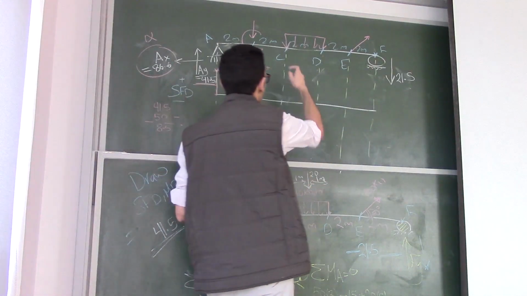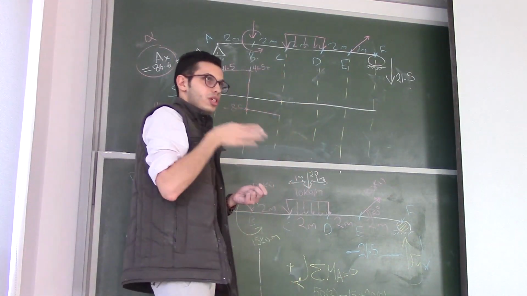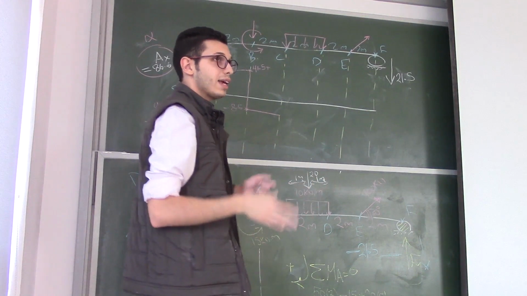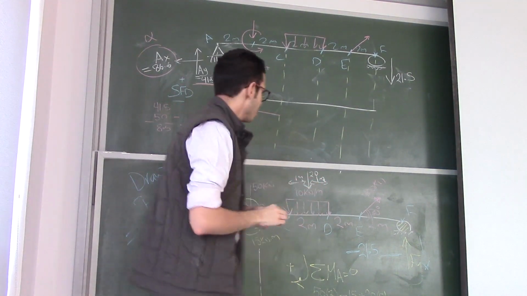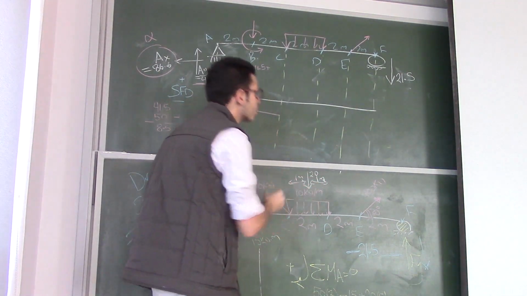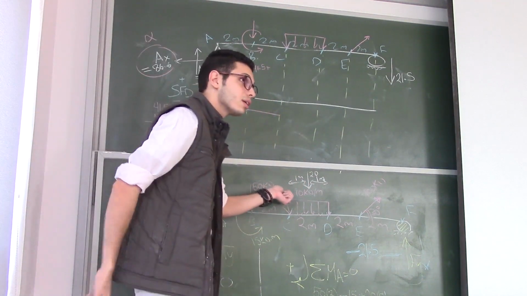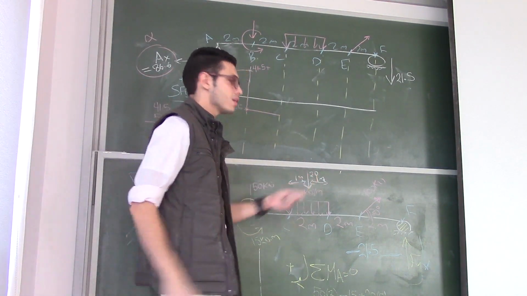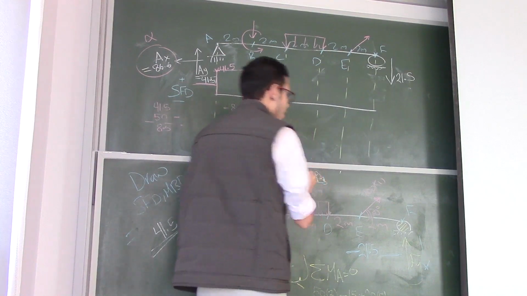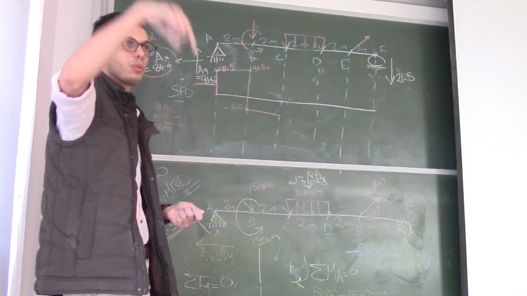Now, when I reach point C, between point C and point D, I get a distributed load, right? And the value for this distributed load is 20. It's a minus 20 because it's a downward load.